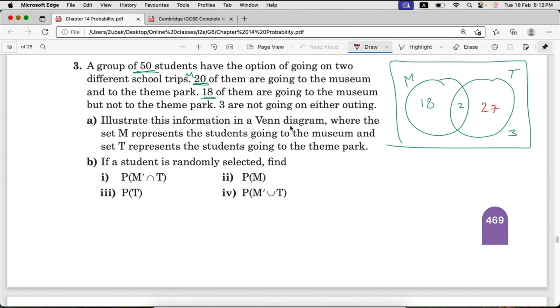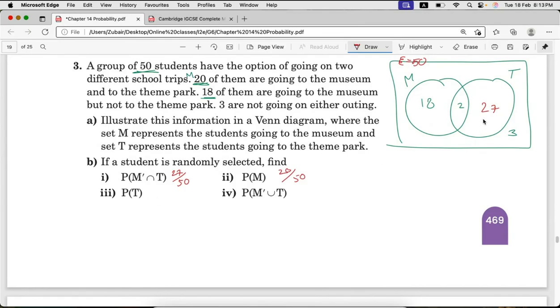Illustrate this information in a Venn diagram where the set M represents the students going to museum and set T represents students going to theme park. If a student is randomly selected, find M complement intersection T. M complement is other than M, which is 27 and 3, and intersection part is only 27. So 27 by 50. Then M is 20 by 50.